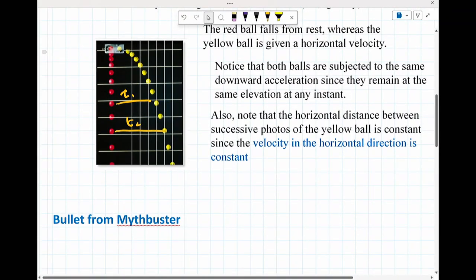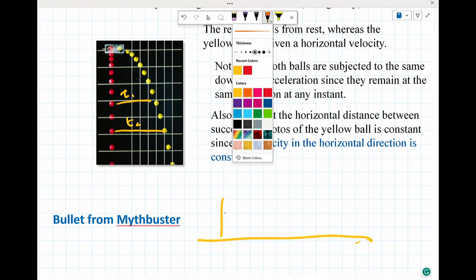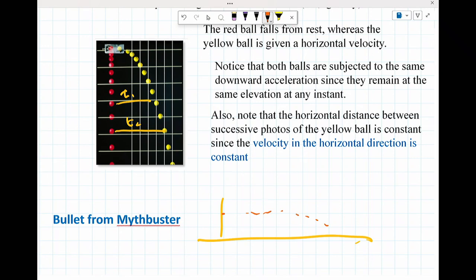The other thing that I think is kind of neat, if you look on YouTube, you can certainly find it, is the bullet case from Mythbusters, which was exactly this. They took a bullet and fired it, and at the same time they dropped one at the X location, and they showed that the bullet dropped at the same rate in both cases.